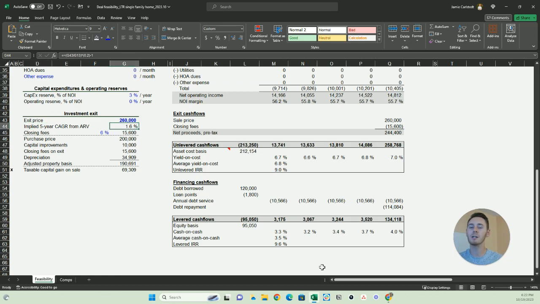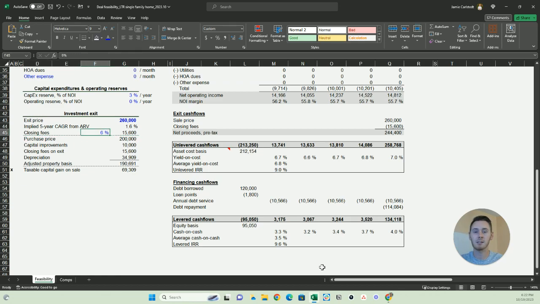So you would not want to bet your investment success on a seemingly unrealistic growth rate for the property value. So it's very important that you're always thinking about what is the implied growth rate for the property based on a certain exit price. So then you have your closing fees.